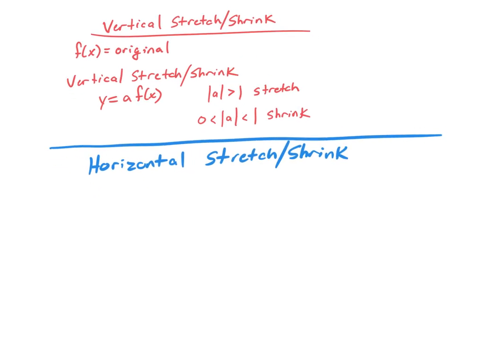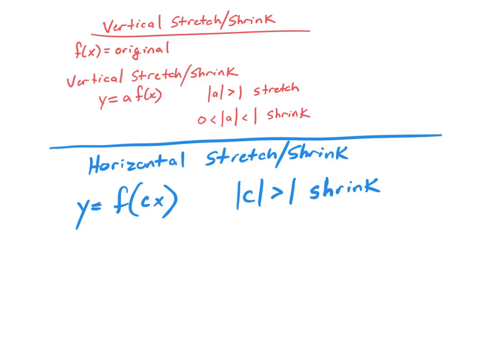So first of all, when we do a horizontal stretch or shrink, the number is going to be on the inside of the function. So if my number is bigger than 1 on the inside, then it's going to be a horizontal shrink, okay?